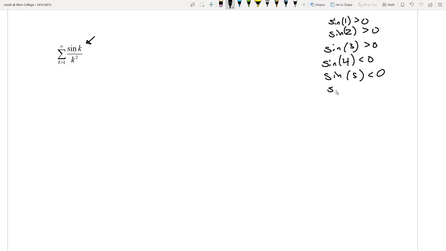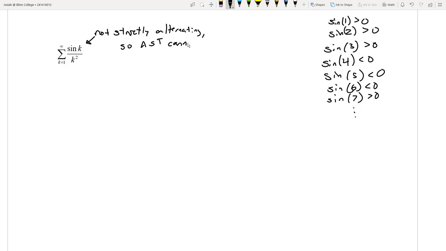Sine of 6 is negative. That's just under 2 pi. So sine of 7 will be positive again, and so on and so forth. So this is not strictly alternating. So not strictly alternating. So AST cannot be used.